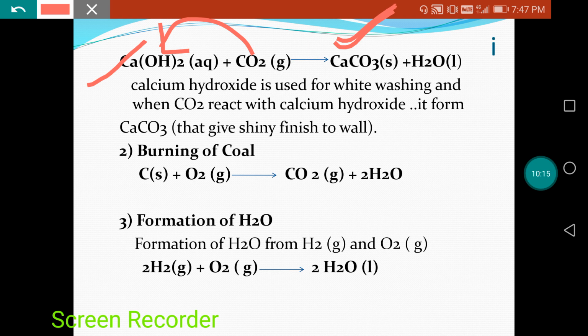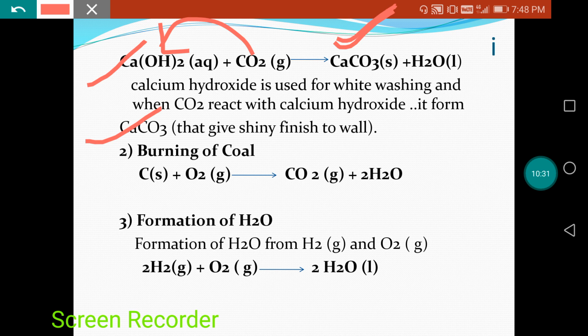How do you know calcium carbonate is formed? You see a white precipitate forming there. This white precipitate is due to the formation of calcium carbonate.